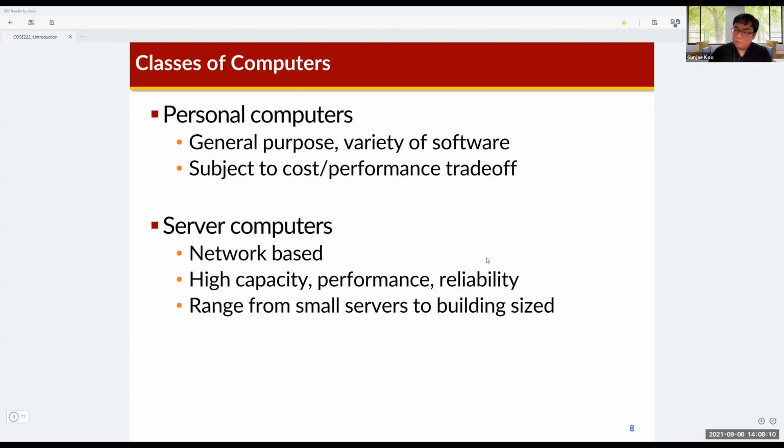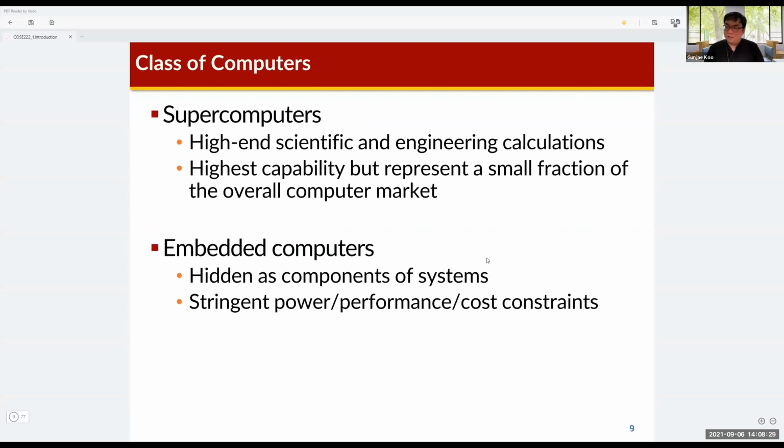Also, server computer systems require very high memory capacity and storage capacity. Okay, so that's the design goal of server computer systems. For mobile, energy efficiency is very critical because mobile computers run on batteries.